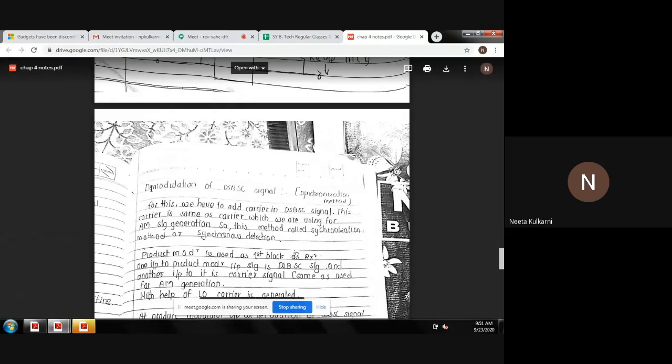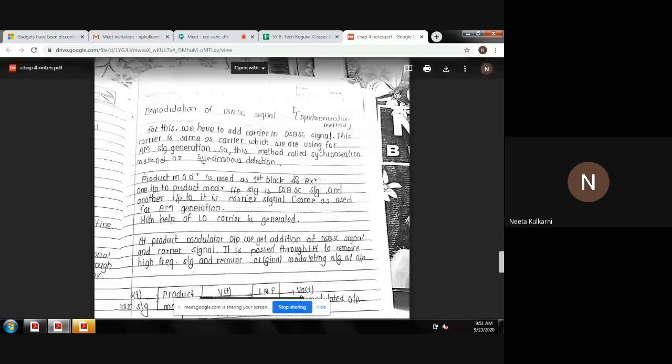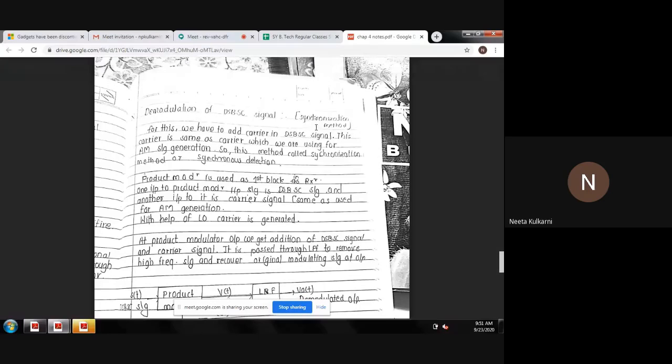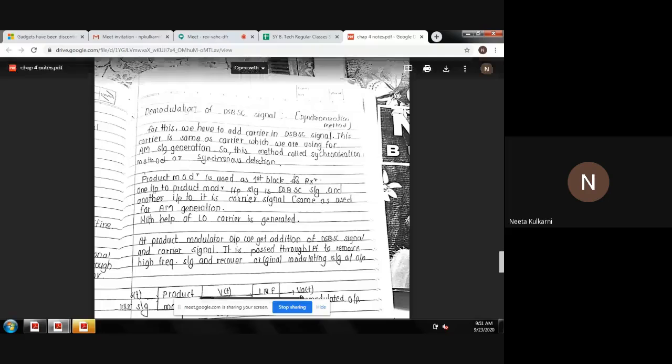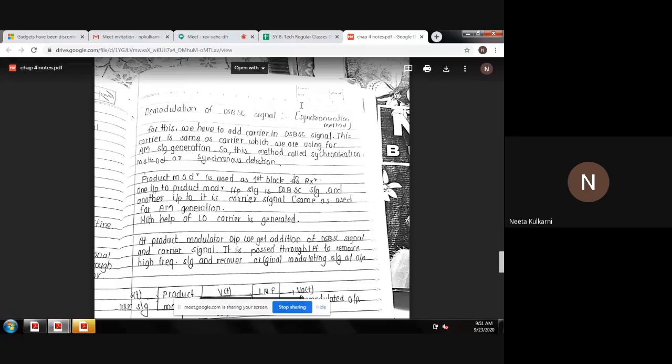Whatever method is used for demodulation of DSB-SC signal is called the synchronous method. First we will see why it is called the synchronous method.